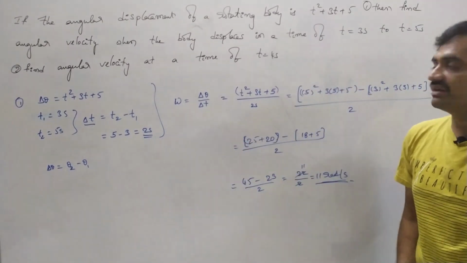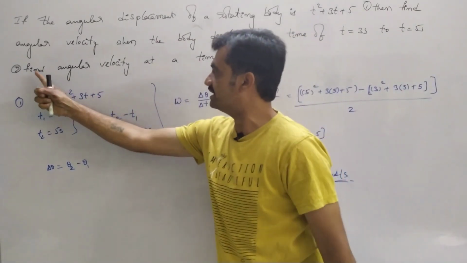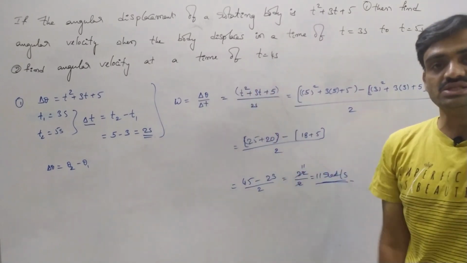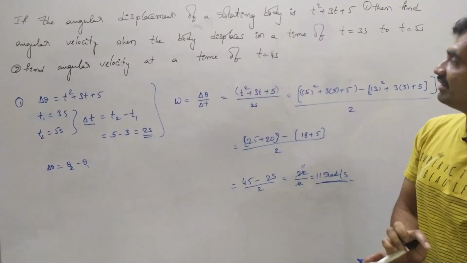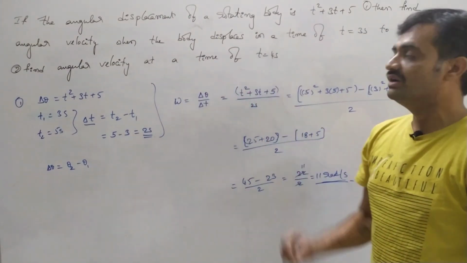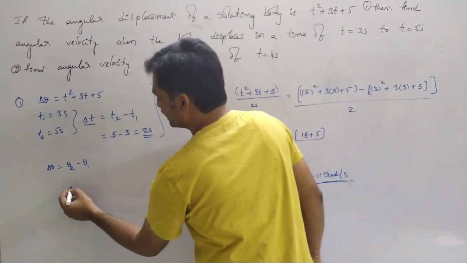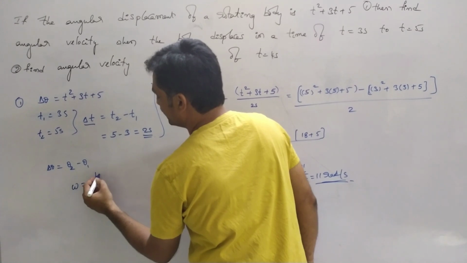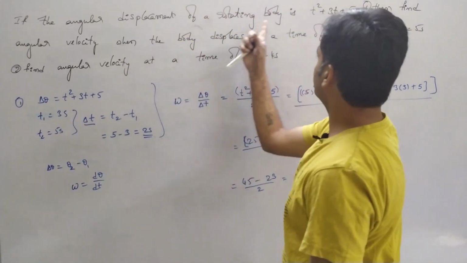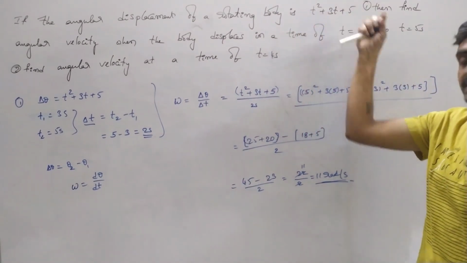In this way we can find the average angular velocity. Now we have to consider the second case, where we have to find angular velocity at a time of t equals 4 seconds. So now we have to find instantaneous angular velocity at t equals 4 seconds. For this we consider omega equals d theta by dt, where theta equals t square plus 3t plus 5.